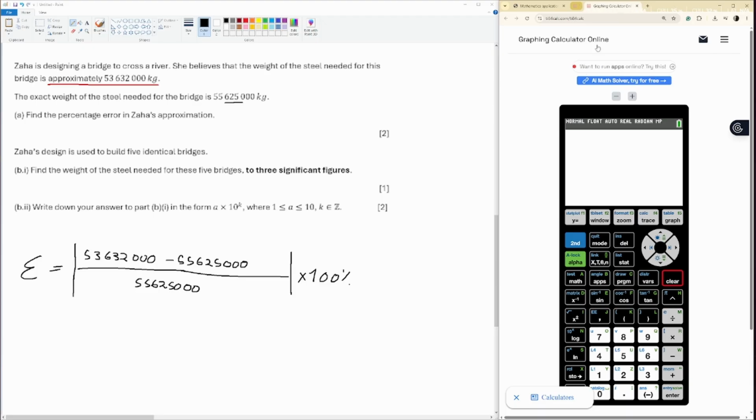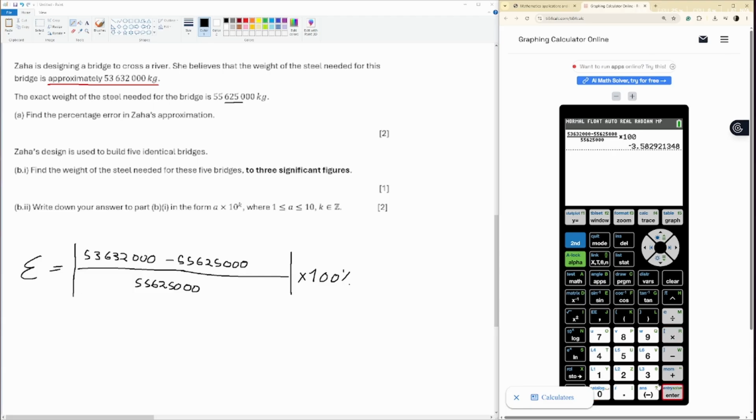We can type 53,632 million minus 55,625 million, divided by 55,625 million, and also times it by 100%.